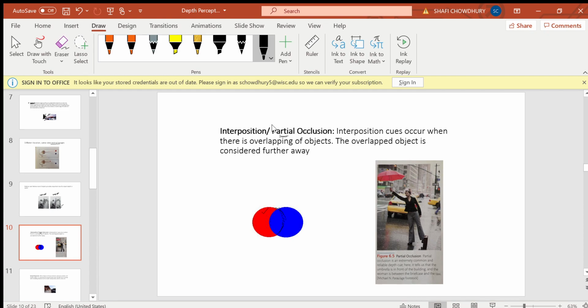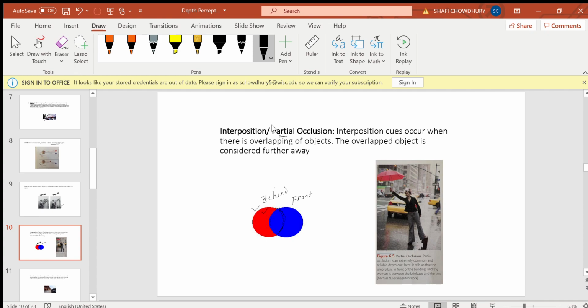And this is also complete. So two round things are there, and since you don't see one completely, that means this one is behind, right? And this one is in front. So that is partial occlusion, or interposition.